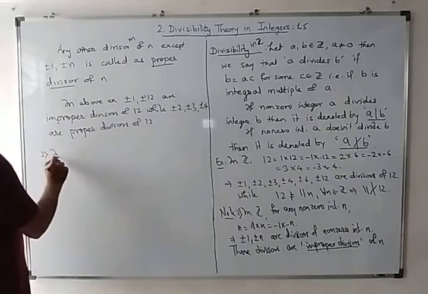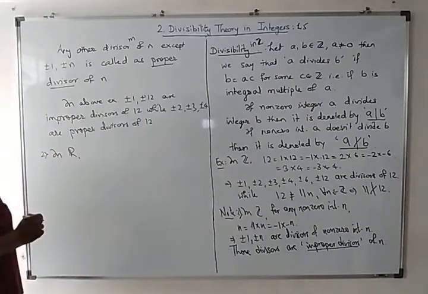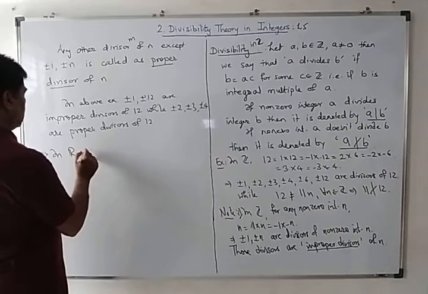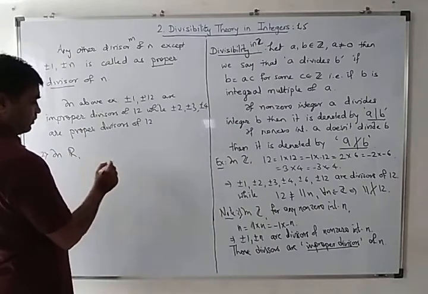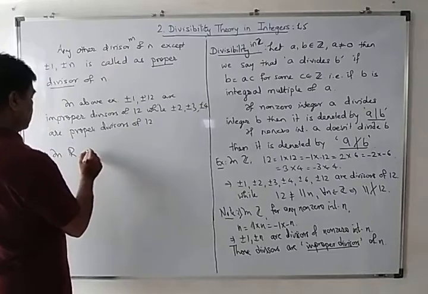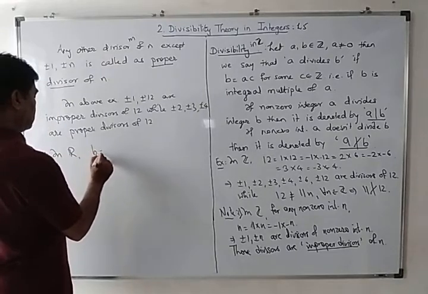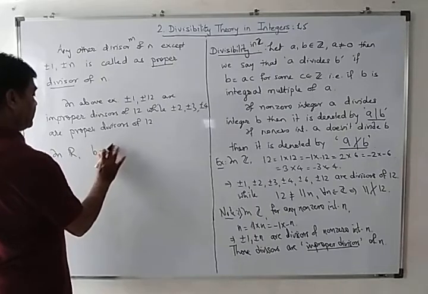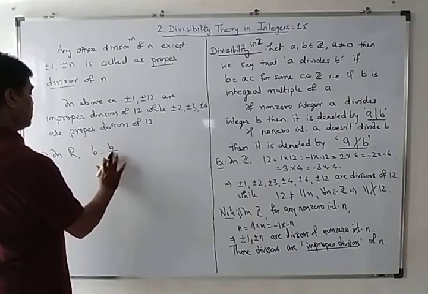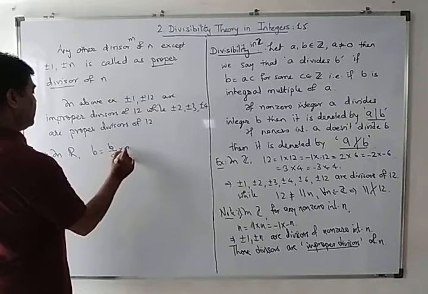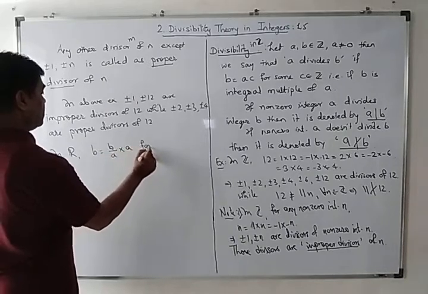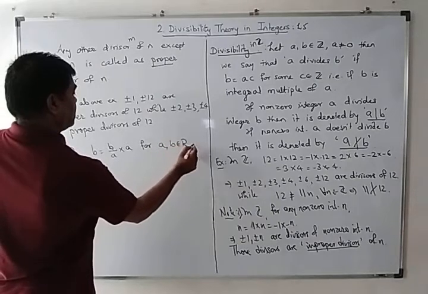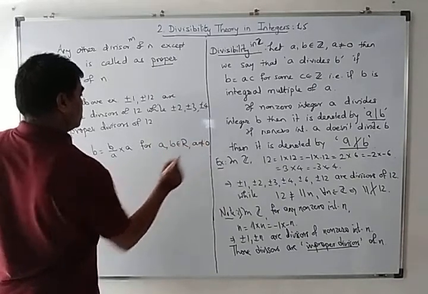In R, the set of real numbers, b equals b by a into a for a, b belonging to R, a not equal to 0.